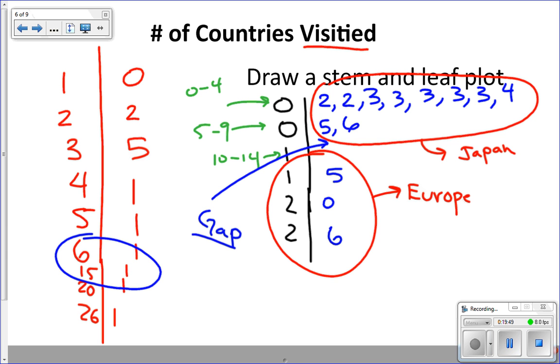Wait, so if you have a smaller set of data, do you have to be more strict, or can you just stay the same for all of them? It depends.